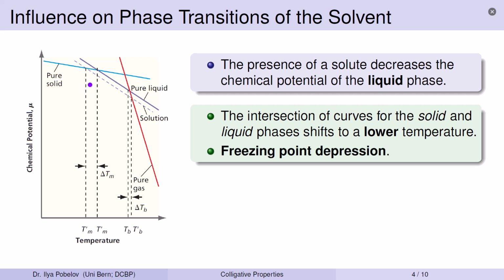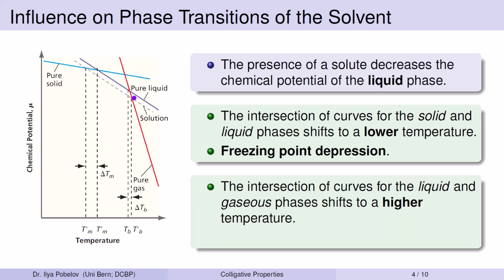This is referred to as freezing point depression. On the other end, we have the boiling point. The intersection point of the liquid and gaseous phase curves shifts to a higher temperature. This phenomenon is known as boiling point elevation.